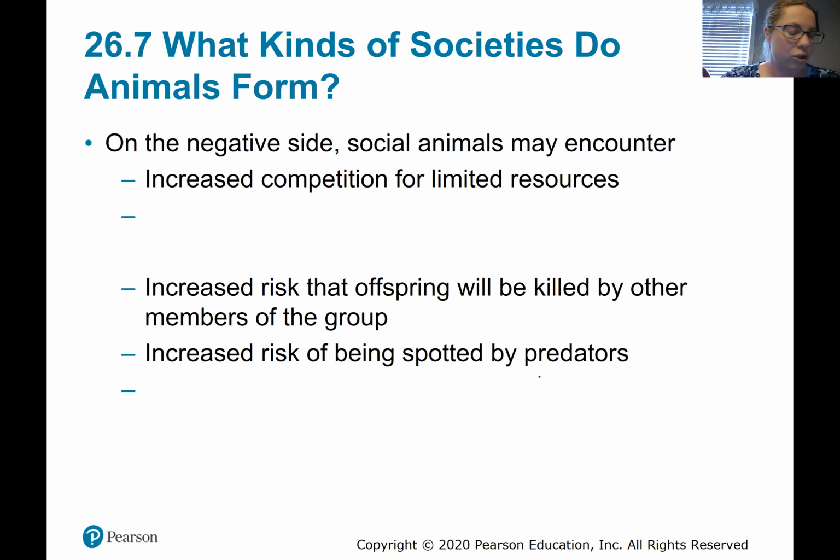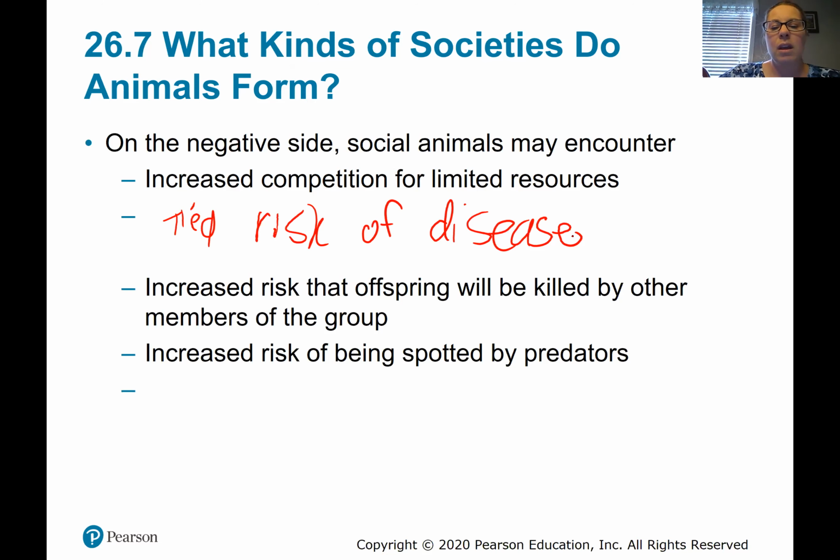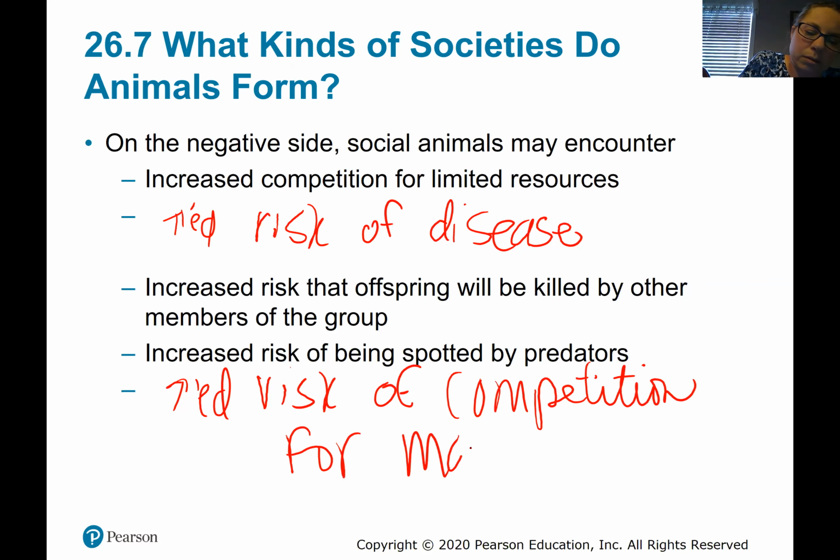So increased competition, increased risk of disease when you live with a bunch of other organisms of the same species, increased risk of the offspring not surviving, increased risk of being spotted by predators, and increased risk of competition for mates.